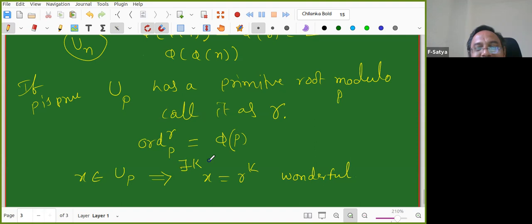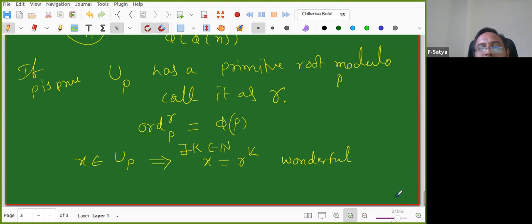There exists a k in N such that x equals r to the power k. That is the beauty of primitive roots. Every element is r to the power something. This is very useful and handy. Every element is expressed using one element only, so it is easy for me to work in future.